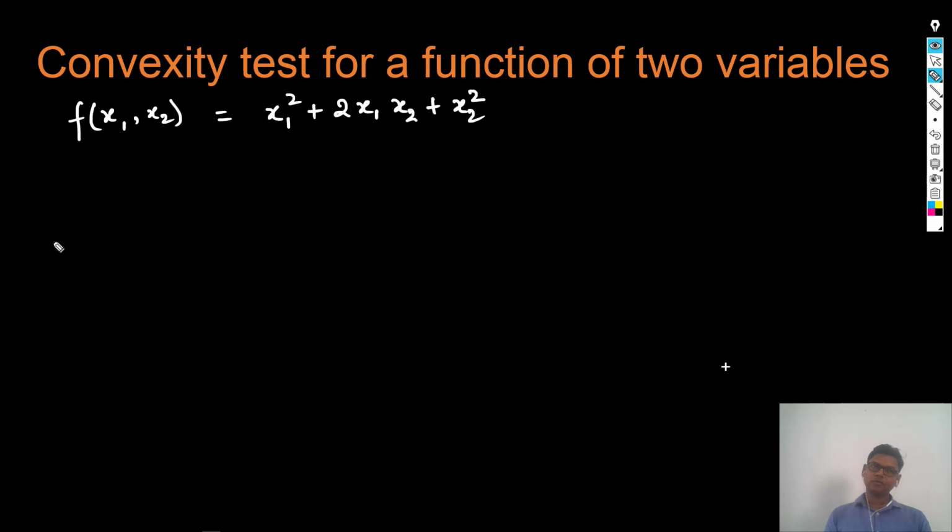For this purpose we determine some terms, and there is something known as the Hessian matrix.